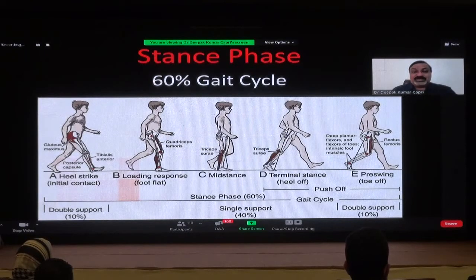So one must have at least 30 degrees of toe extension, so that the gastrocnemius and the plantar fascia, which is a continuation of the gastrocnemius, get stretched. And if it is not getting stretched, the momentum will not be there. Elastic recoiling will not be there. Inertia will not be there.